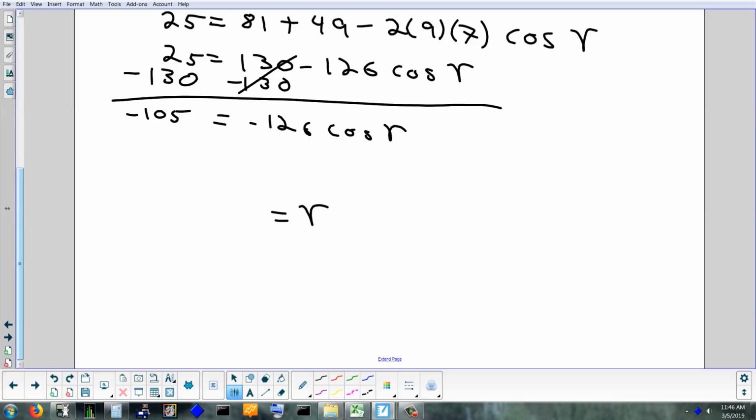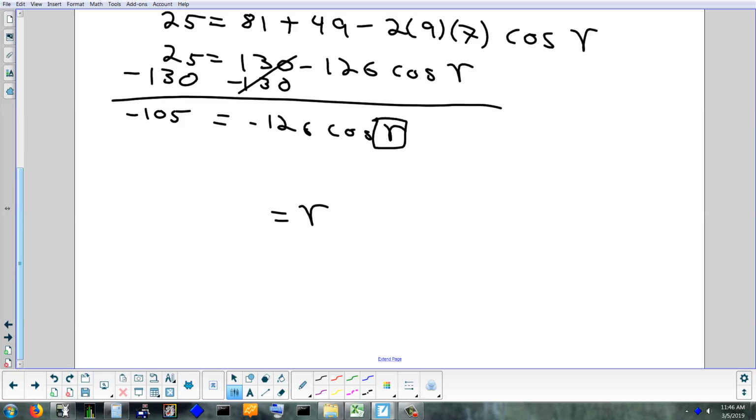What are the 2 things that we don't want next to gamma? Do you see what's next to gamma that's preventing it from being by itself? Here's gamma. What's next to it that we don't want? Negative 126 cosine. Yep. So the negative 126, one thing. The cosine, separate thing. So we want to get rid of both of those.